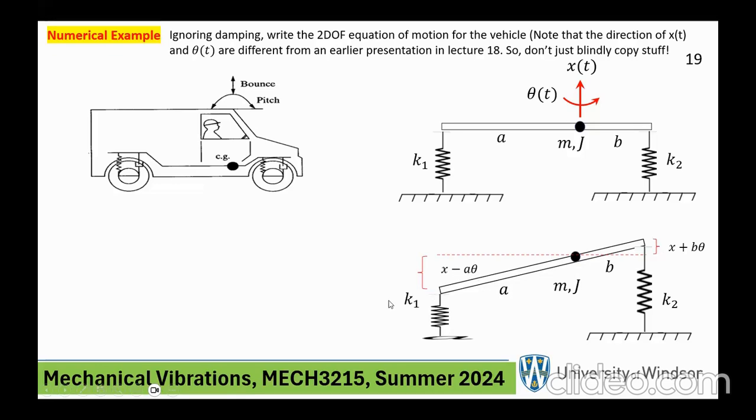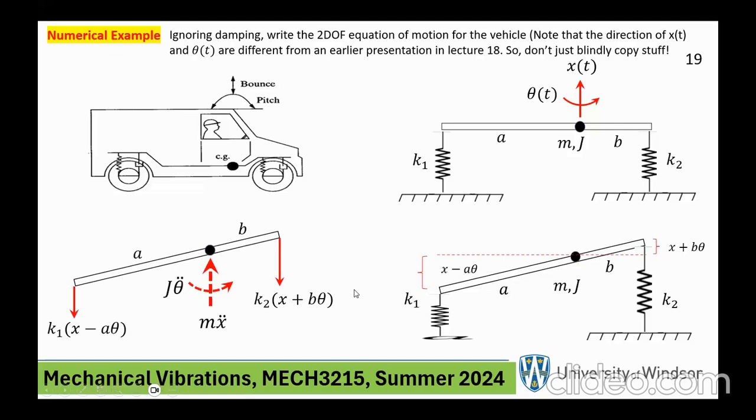Okay, and now basically the free body diagram is shown here to you. So this is the spring force on the right, this is the spring force on the left, and these lengths I assume that this piece is A, this piece is B. If you look at the one in lecture 18, I used different labels here.